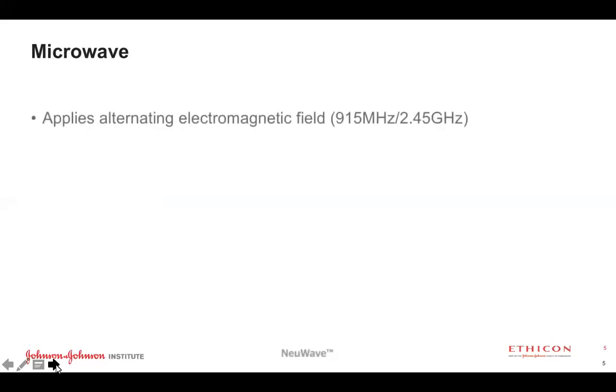So what is microwave? Well, it's essentially in many ways like radiofrequency. It's in the radiofrequency spectrum. It applies an alternating electromagnetic field, and it creates rapid oscillation of water and ions to generate heat. It works exactly the same as the microwave you might have in your kitchen, for example.